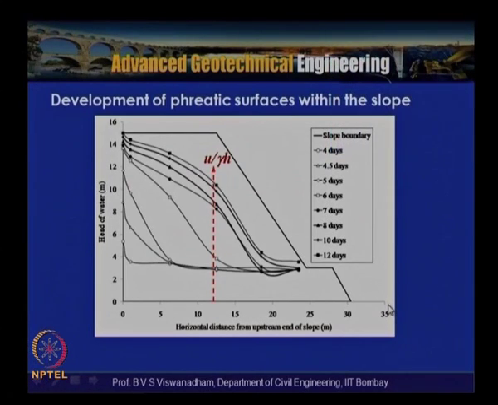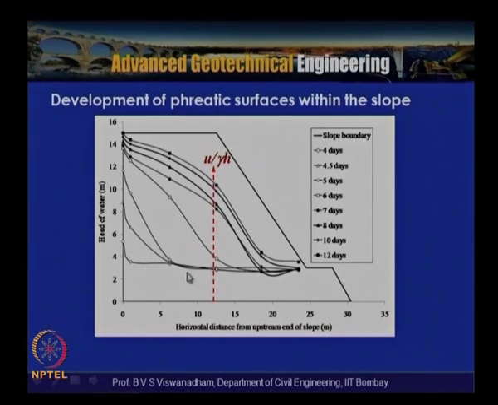Now this is a slope with an inclination of about one vertical to one horizontal. These lines shown here show how the phreatic surface will rise in the slope if you are inducing seepage from the side of the slope.